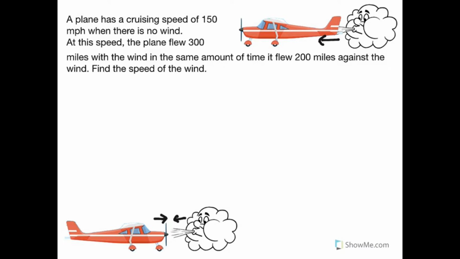Well, we know that distance equals rate times time. And what we have in this problem is the same amount of time for two different rates and distances. So if I solve this equation for t, I get t equals d over r. So that's the proportion I'm going to set up.